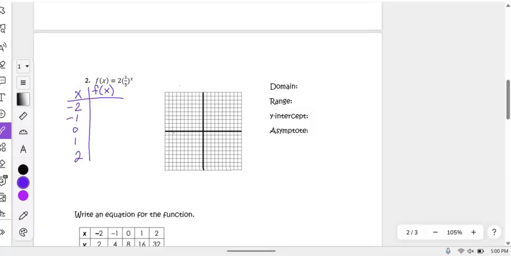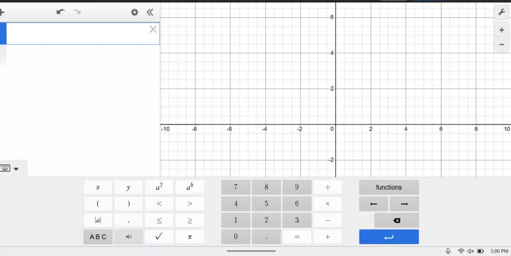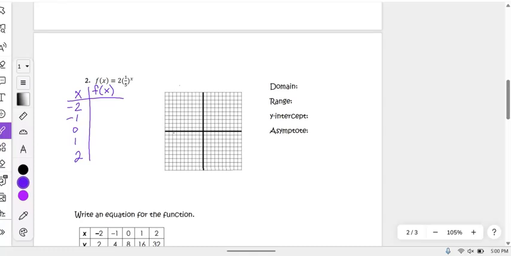And so we're going to go into the decimals, and I have 2 times 1 divided by 5 to the x, or 1/5 to the -2, that equals 50. We're definitely not going to be graphing that.